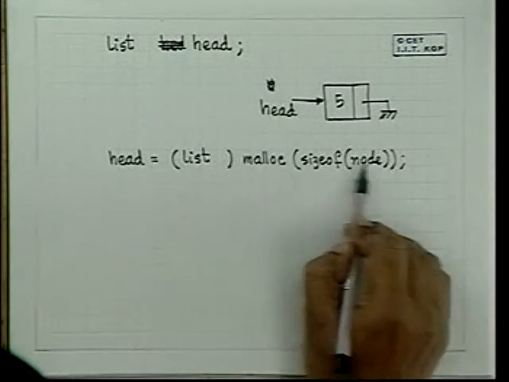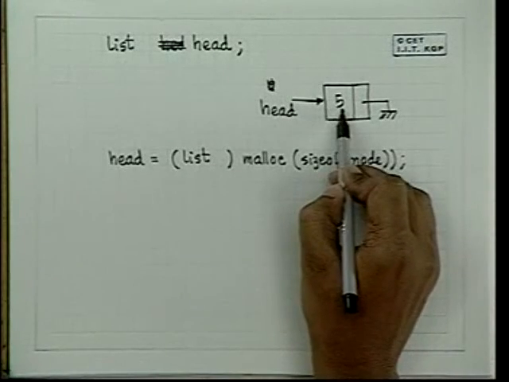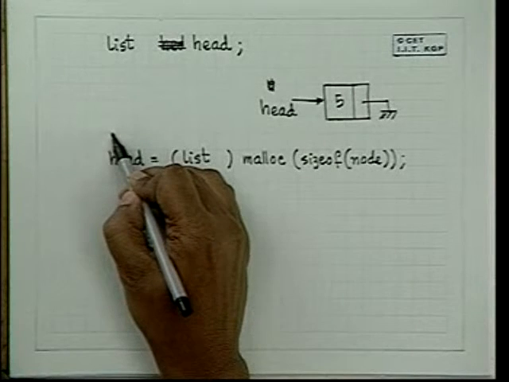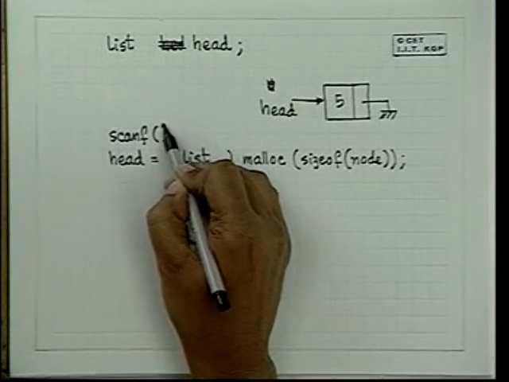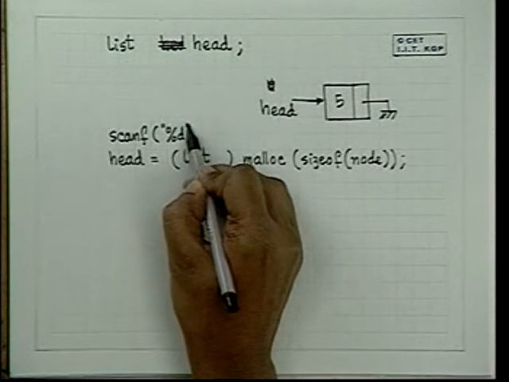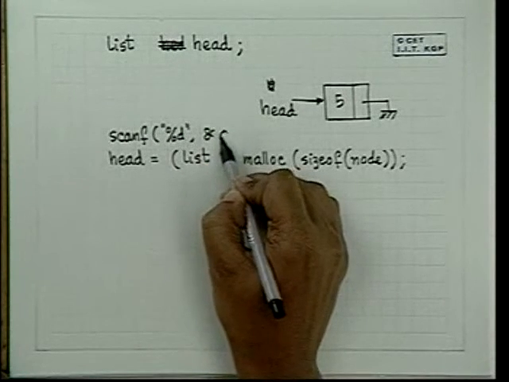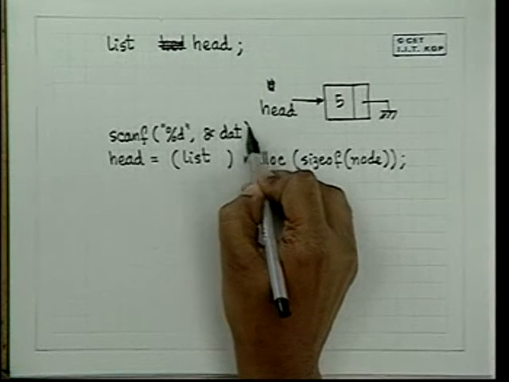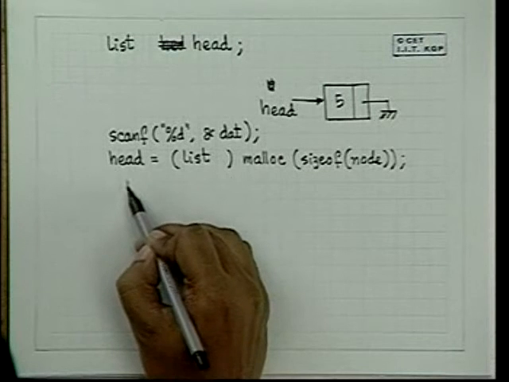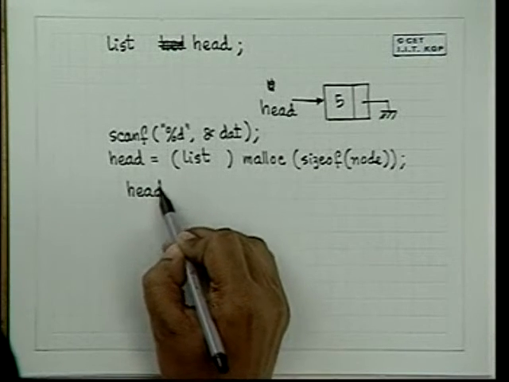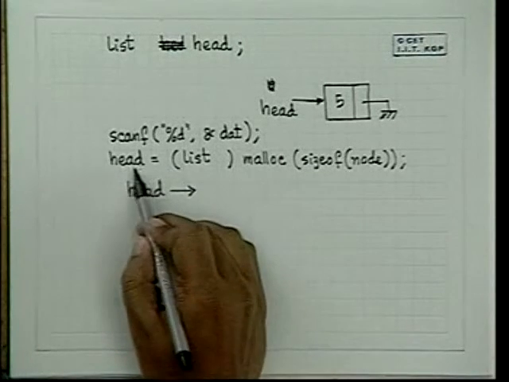But once you do this, you have to now initialize these values. So before this, suppose we have read in scanf %d and data into an integer variable. Then what we will have to do? Head pointer dot, because head is a pointer.